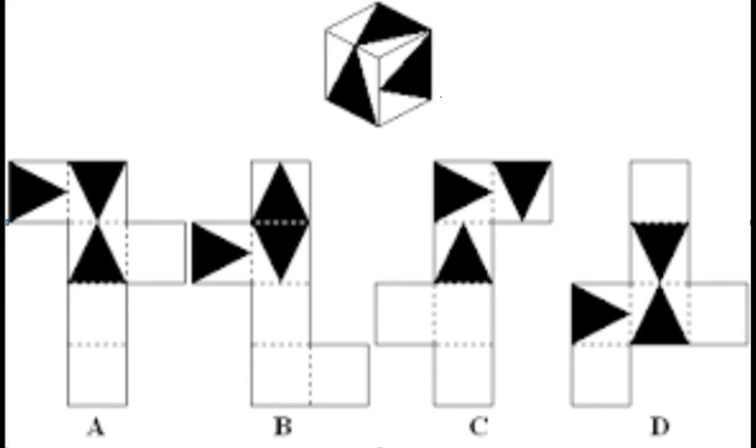This one here, from the very beginning, we can notice that I have 2 tips of the triangle here, which means I have this shape if I folded this up. And by checking A, B, C, and D, I can find this same with A and D. So B and C can't be selected.